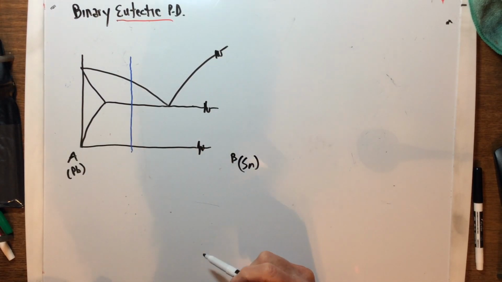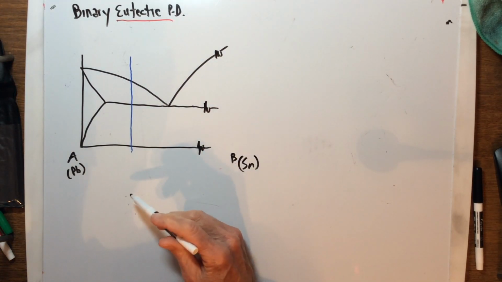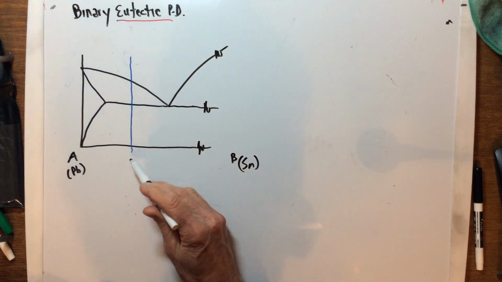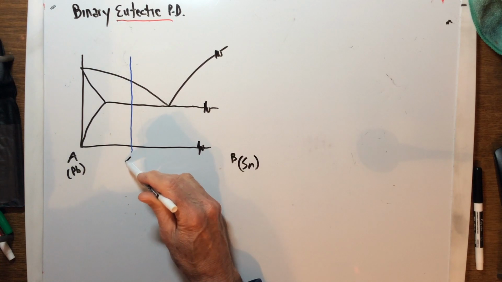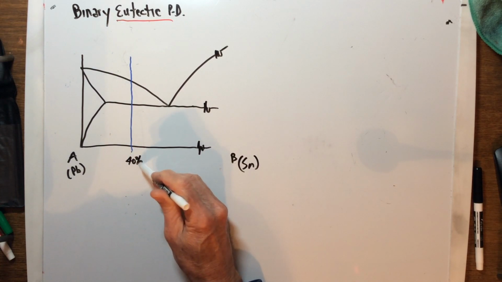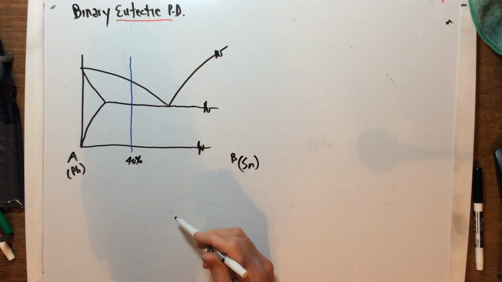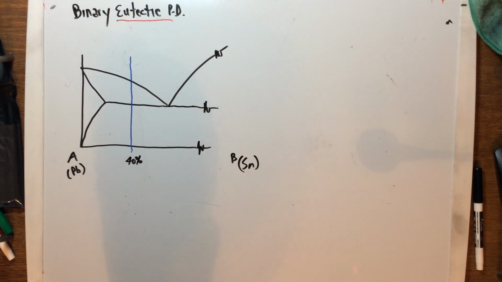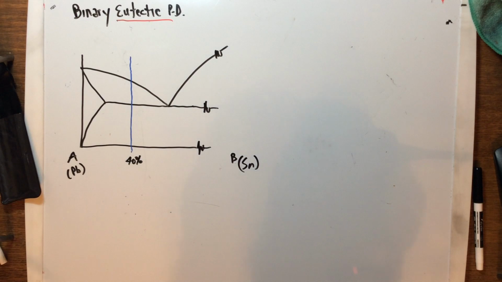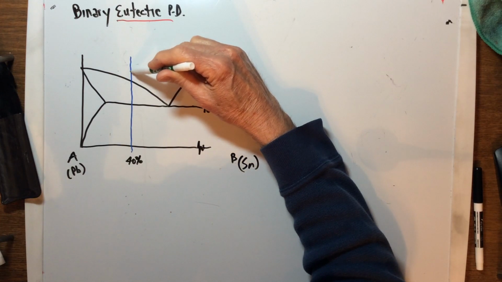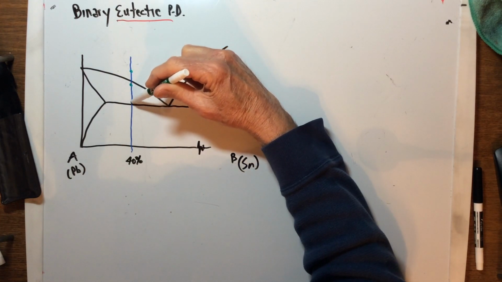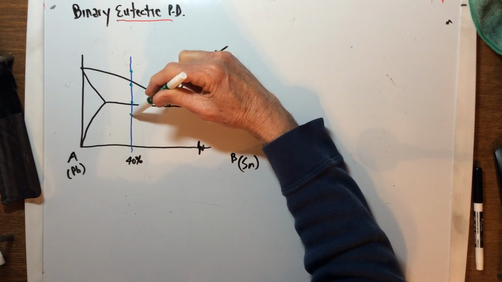We're going to pick this main composition at 40% tin. Now we're going to pick, let's see, 1, 2, 3, 4 points, like we did on the other one before. We're going to pick one here, one here, one here, and then one down here.